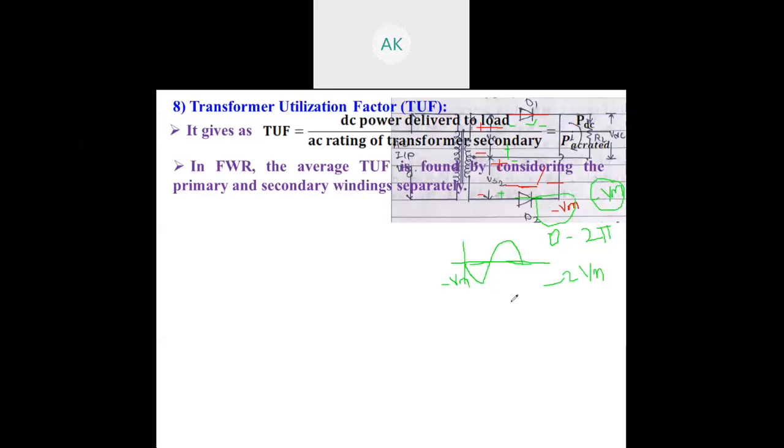So the maximum inverse voltage available during either the positive half cycle or the negative half cycle of one cycle is minus 2 Vm. The peak inverse voltage is an inverse voltage, so inverse is represented by minus, and it is represented as a positive.